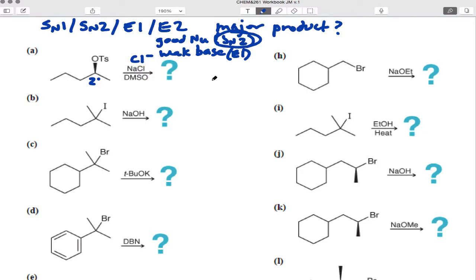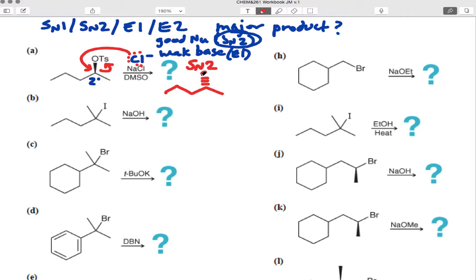You know, they have to wait for the leaving group first. So what I'll do is, if I have a choice, I'm going to pick SN2 or E2 over SN1 and E1 if they're also possible. And I'm going to show this coming in from the back and displacing that. This is an SN2 product. And then I want to show what that SN2 product is.